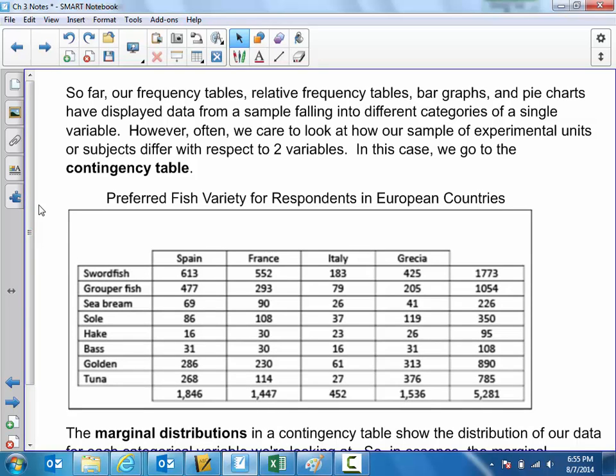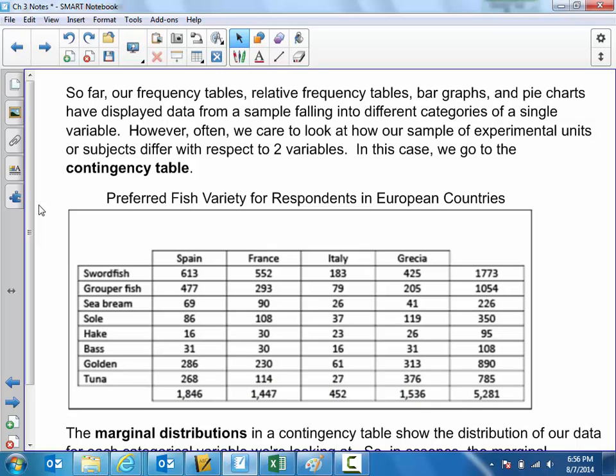Oh, okay, the title. I think the title is appropriate to understand the context. So we've got preferred fish variety for respondents in European countries. So Spain, France, Italy, and Greece, we went to those 4 places and interviewed 1,846, 1,447, 452, and 1,556 people per country, respectively.